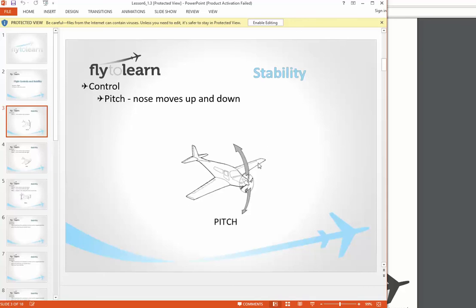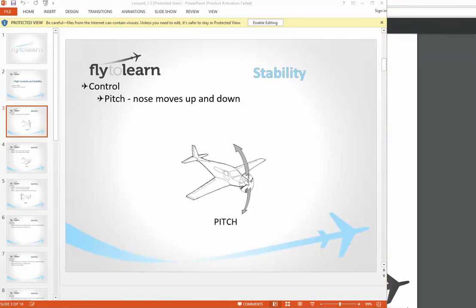What that does is it moves your nose up or down. If your nose moves up, does your tail move down or does it move up? I just want you to think about it as if you are quickly rotating like a pole through the wings.